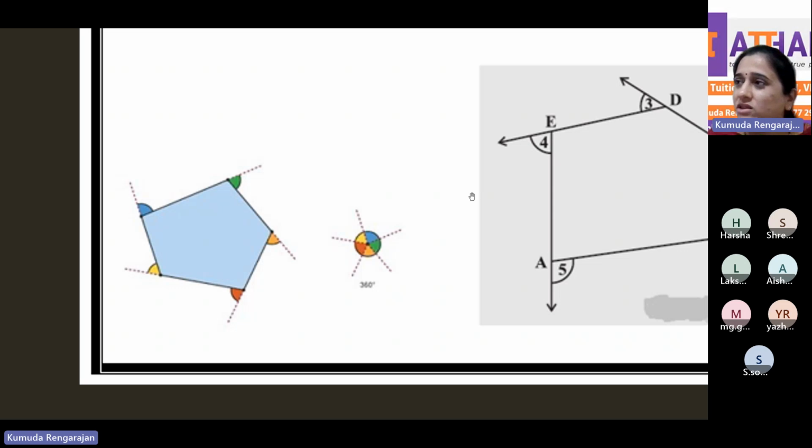So the sum of all the interior angles in a polygon will keep increasing with the increase in the number of sides. More sides, the sum of the interior angles will be more. Fewer sides, it's less. And the least sum is 180. From there, it will keep increasing: 180, then 360, 540, it will keep increasing.